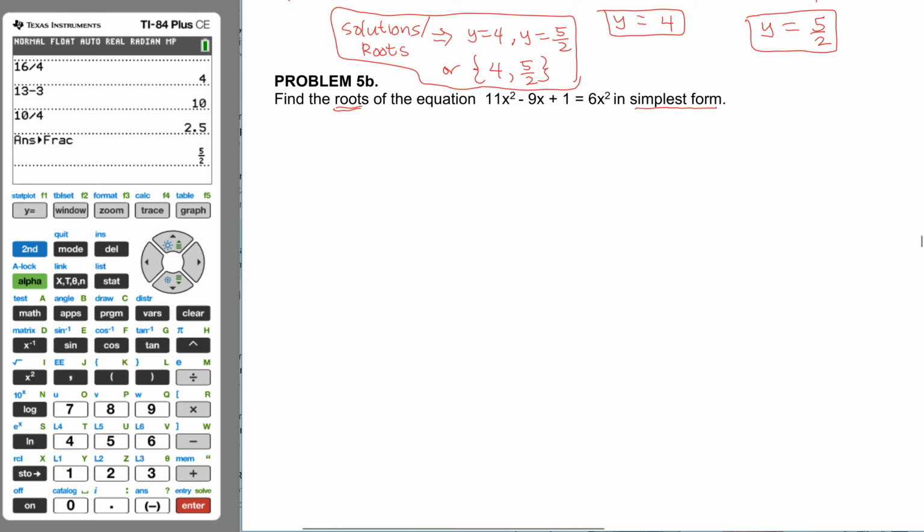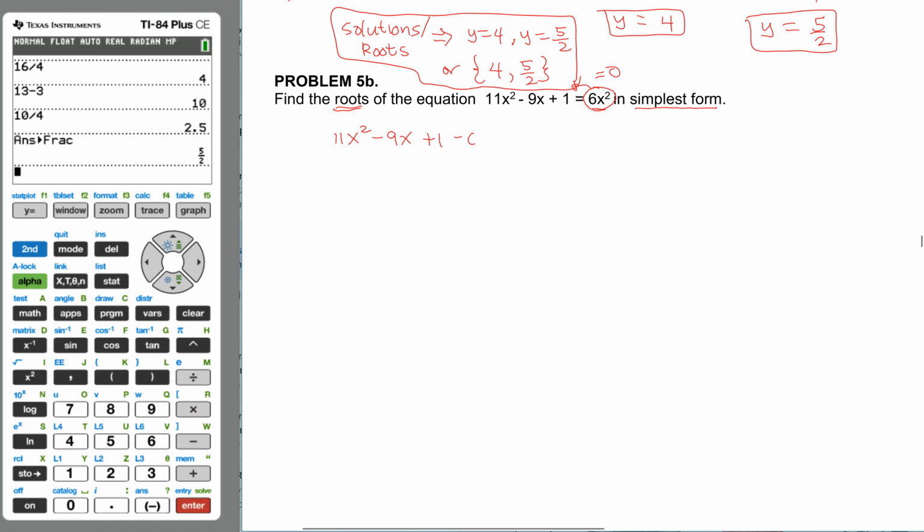Okay, the first thing we need to do is ask if it is in standard form. If it's not, you have to set it in standard form. So in this case, this one is not set equal to 0. So let's move this over to the right side to have this equal to 0. So we have now 11x squared minus 9x plus 1. When we move over 6x squared, it reverses the sign.